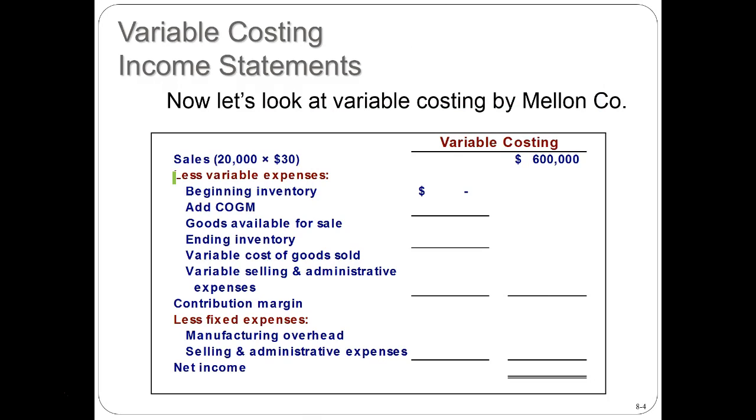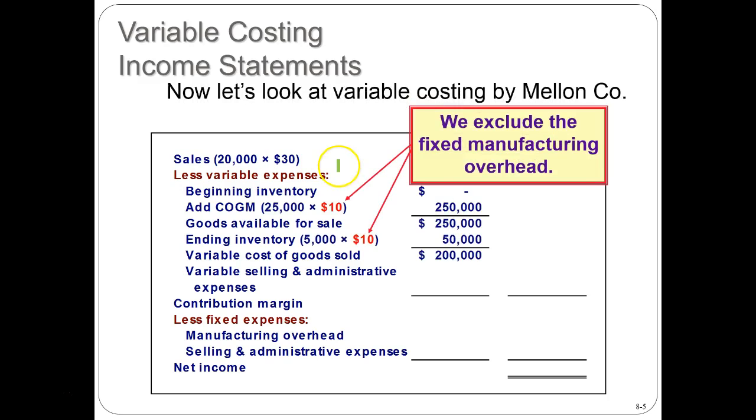We're selling 20,000 units at $30, same as we looked at under the absorption costing. That gives us the 600. The difference being here, starting with, we exclude the fixed manufacturing cost. So we've got cost of goods sold, 25,000 times 10, and that's the 250.